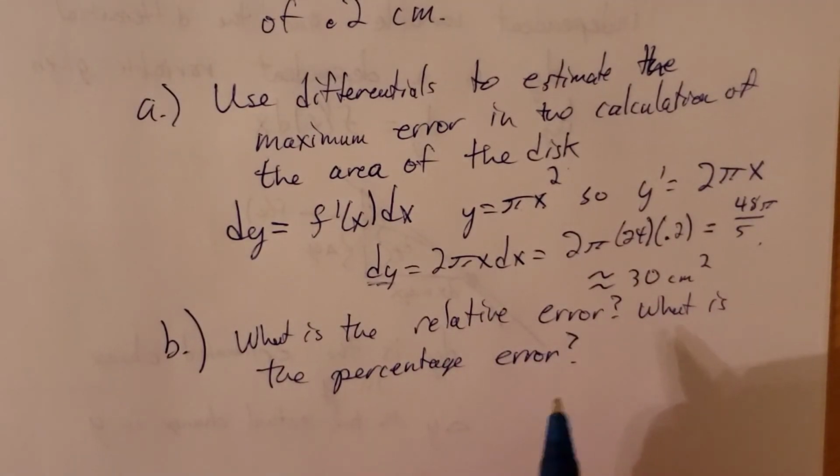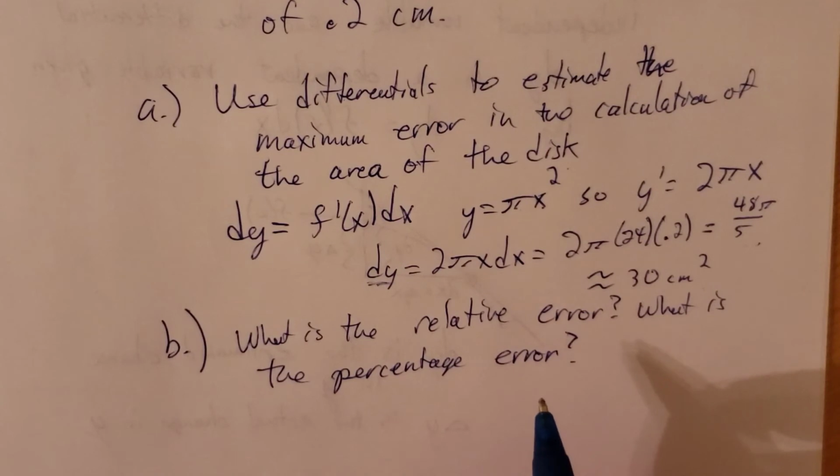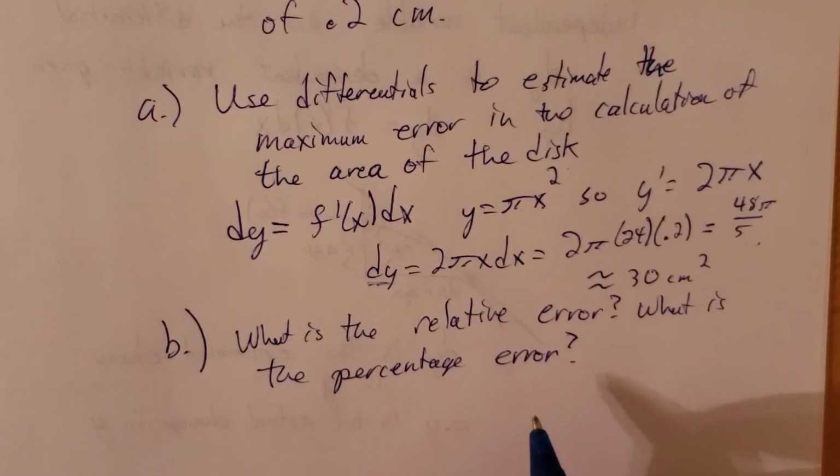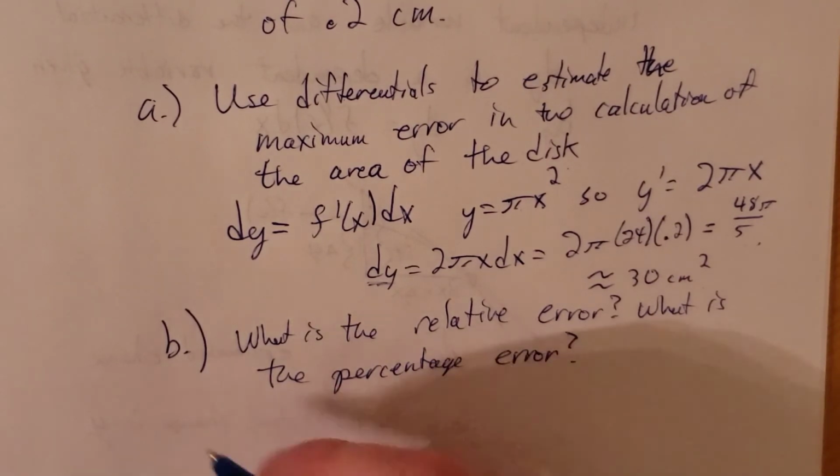Well, our relative error means the error divided by the total amount. So essentially this gives us a relative error, or it gives us the percentage error when we convert this value to a percentage. So what percentage of the actual calculation is our error? And that's what we're calculating here.